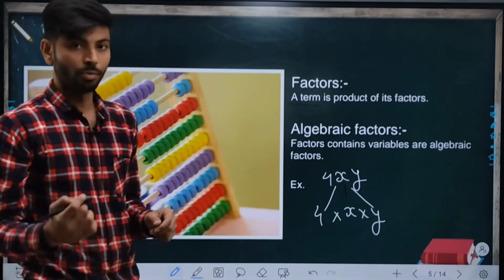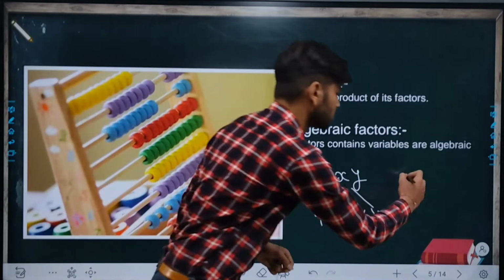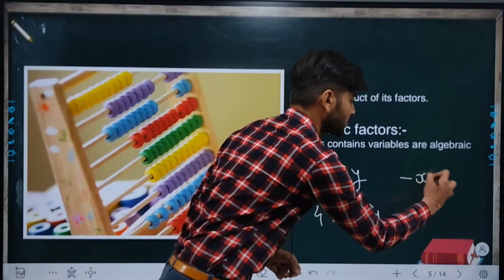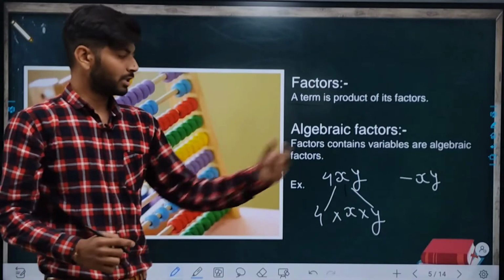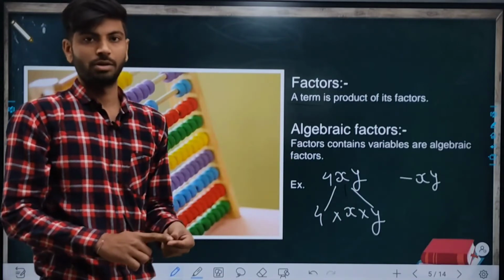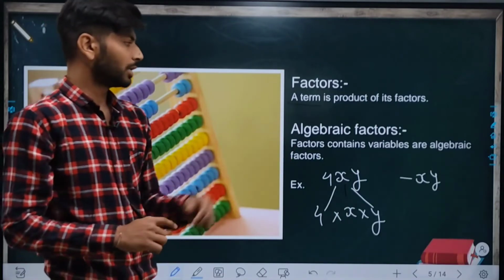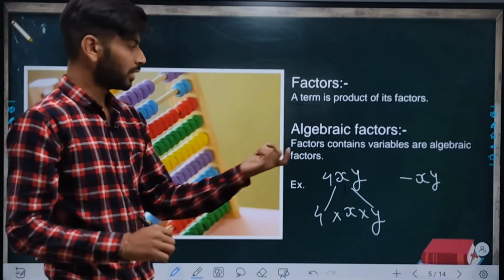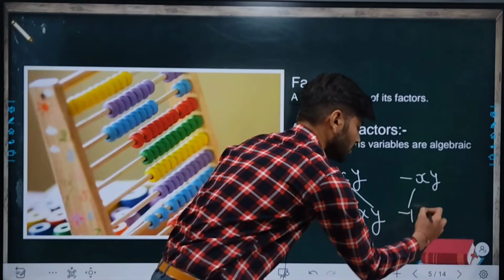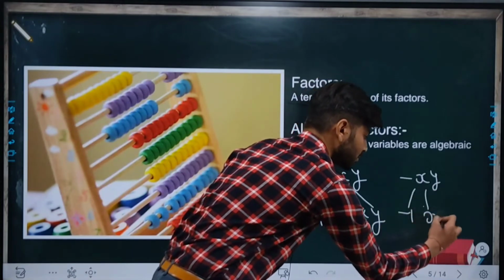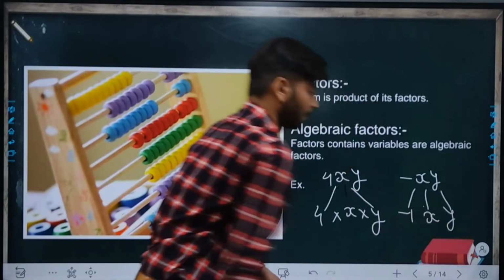Similarly, let's take one more example, minus xy. So in this term, which numbers are multiplied, or what is the product? It is the product of minus 1, x and y.